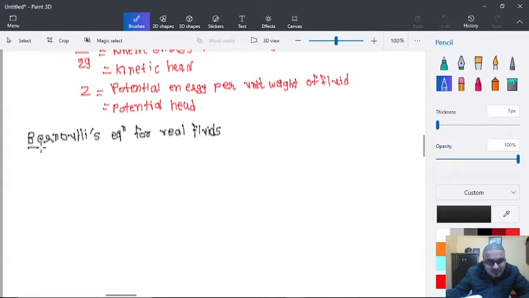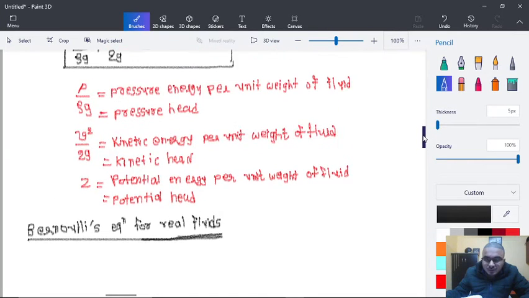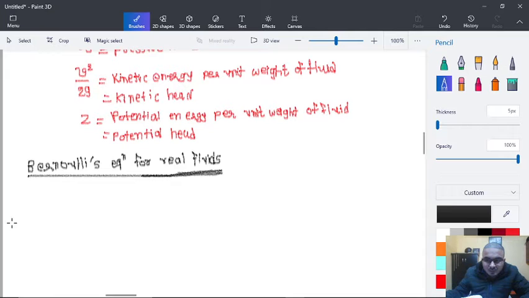In our previous lecture, we assumed the flow to be incompressible and non-viscous. But in real case, all fluids are viscous and the consecutive fluid layers offer resistance to the fluid motion. So there will be a presence of friction, so there will be some losses in the fluid flow. So that has to be considered.